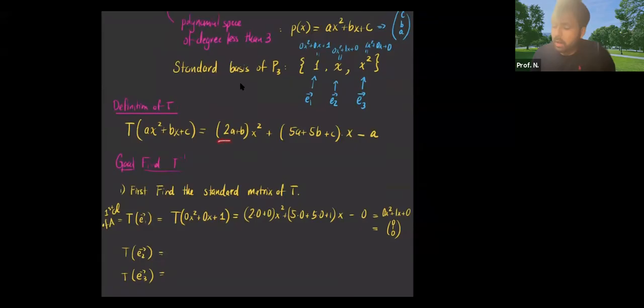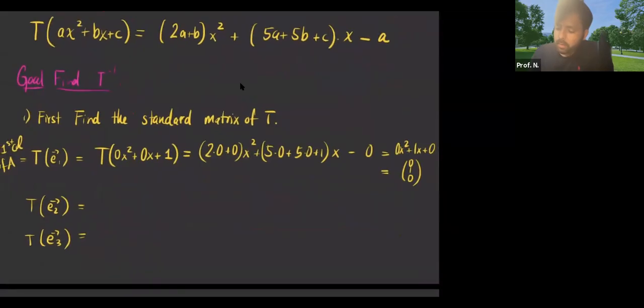And then I just apply the rules that I see. The result, the image of E1 under this transformation, gives you a polynomial of this sort, and it's 0, 1, 0. And then what's TE2? It's T of 0x squared plus 1x plus 0. This is 2 times 0 plus 1 x squared plus 5 times 0 plus 5 times 1 plus 0, x minus 0.